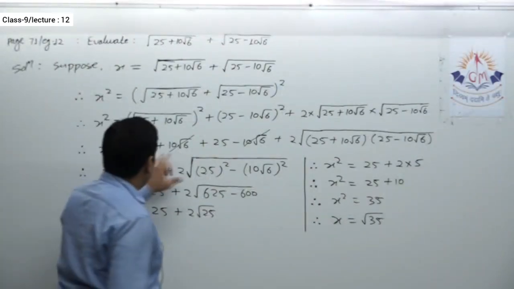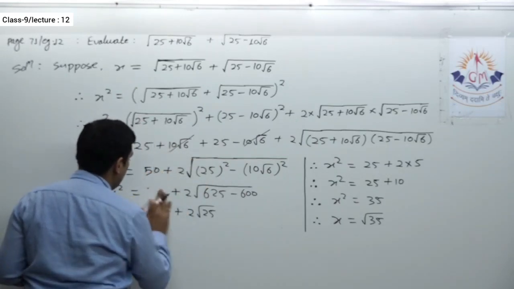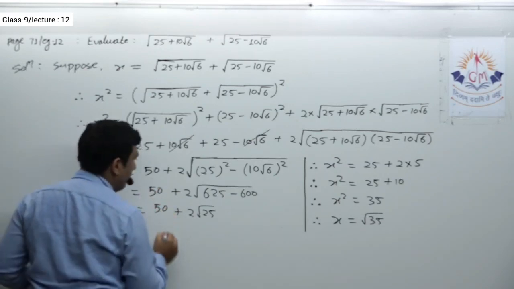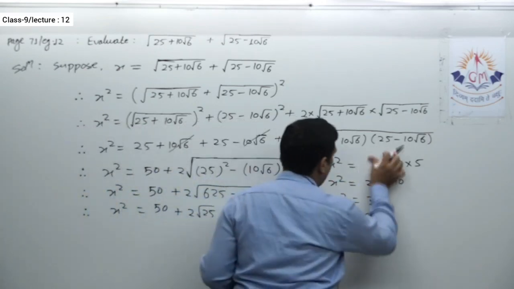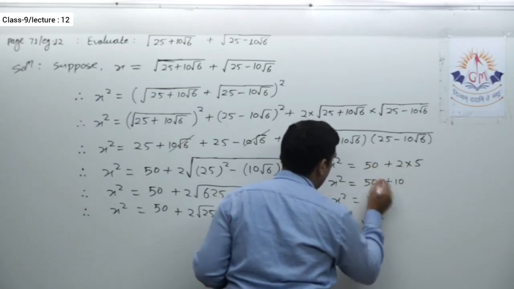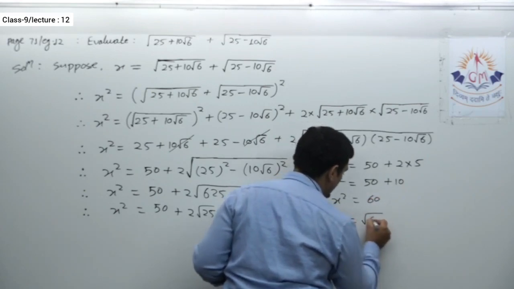See here, it was 25 plus 25, so actually it should be 50. So instead of 25 I should write 50, and my final answer will be, instead of root 35, root 60.